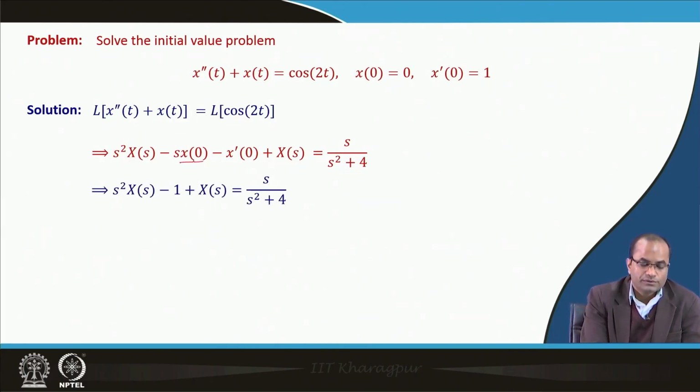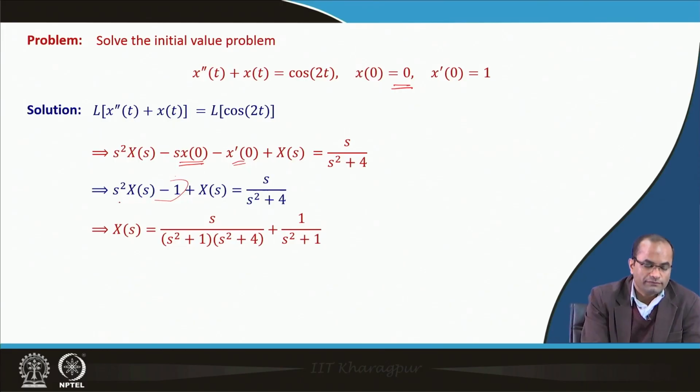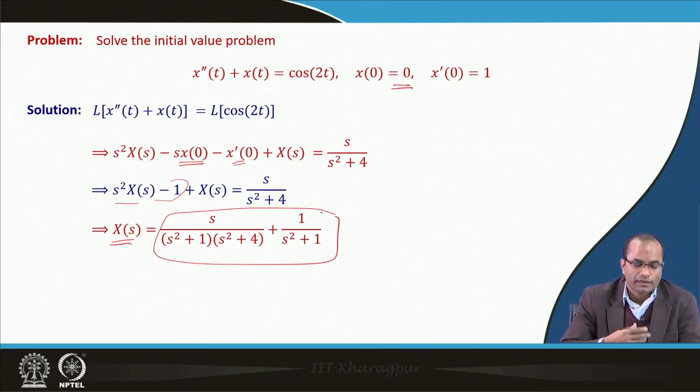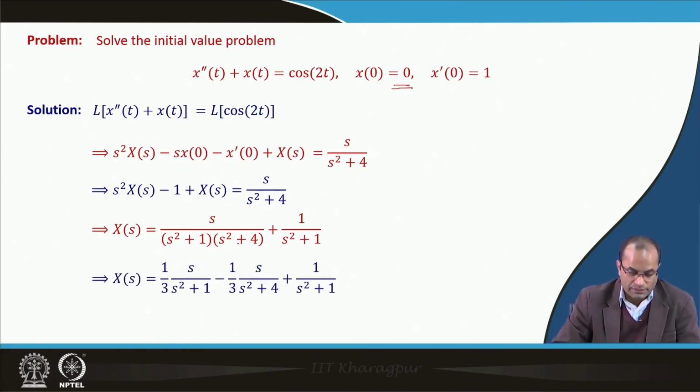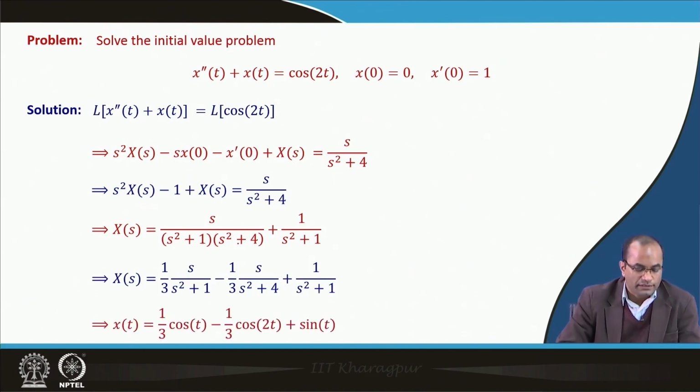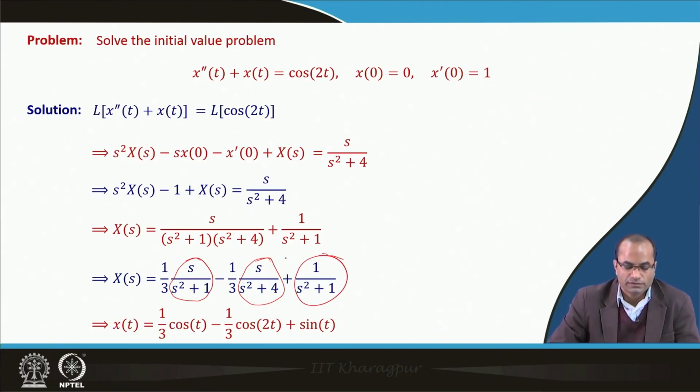So, now we can substitute this x(0), which is 0 there, x prime(0) is 1. So, we have one term there. Then we can simplify for this X(s), which is given here now, and again the same process. We can do partial fractions at this stage, and then we have to take the inverse finally, which from here is cos t, the inverse of this will be again cos 2t, and here it will be sin t.